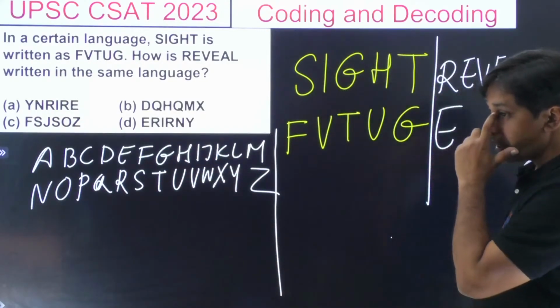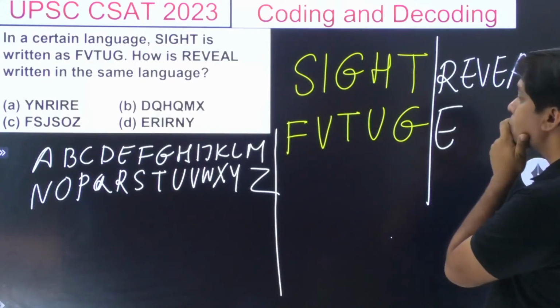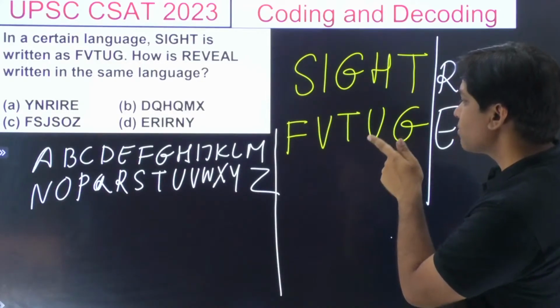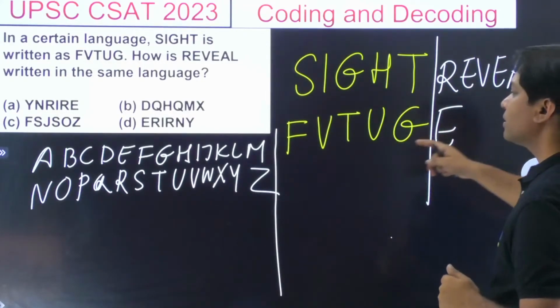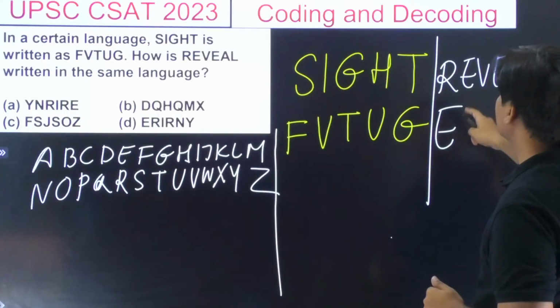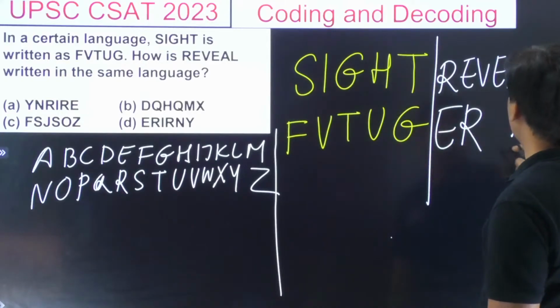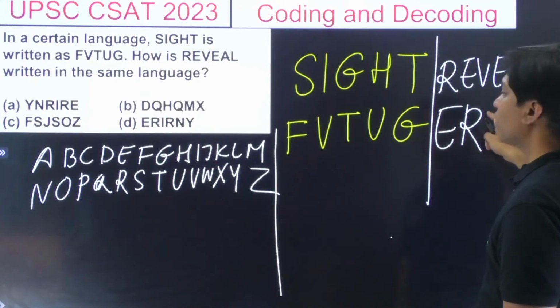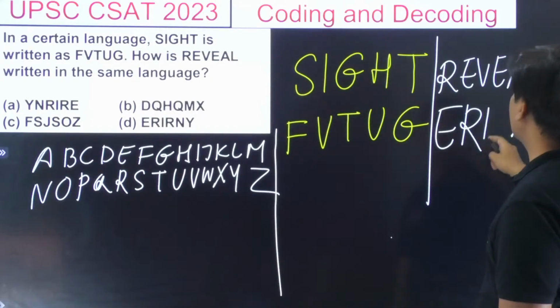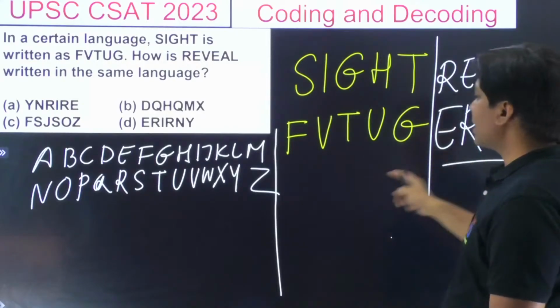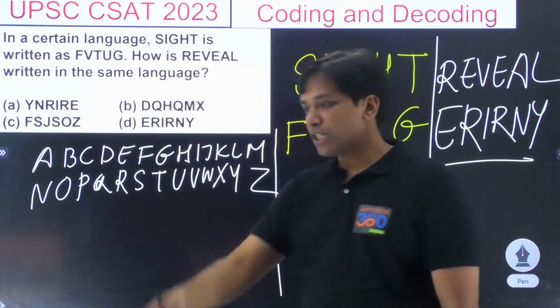You are getting B, Vishal. Why am I getting E? R is N, L is Y. Now this V is I, E is, this option is correct. Option number D. Prisha, good job.